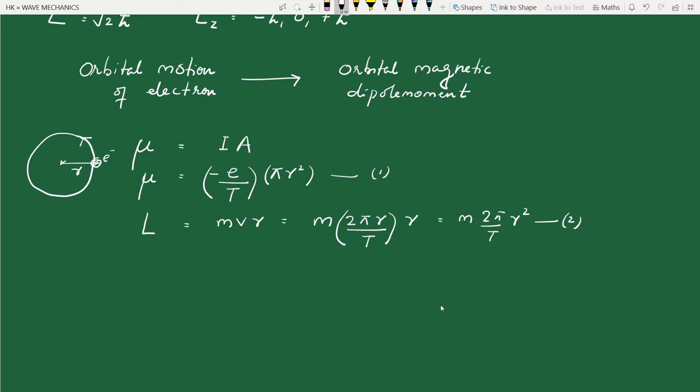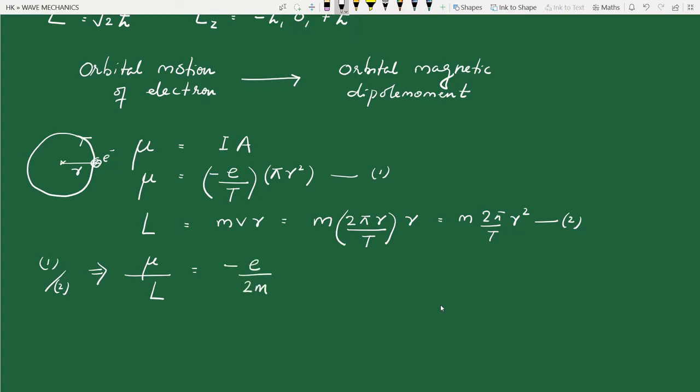Now let me take the ratio of these two: orbital magnetic dipole moment divided by orbital angular momentum for the electron. Let us divide equation 1 by equation 2. On the right side, pi r square will cancel, T will cancel, and we have minus e by 2m.